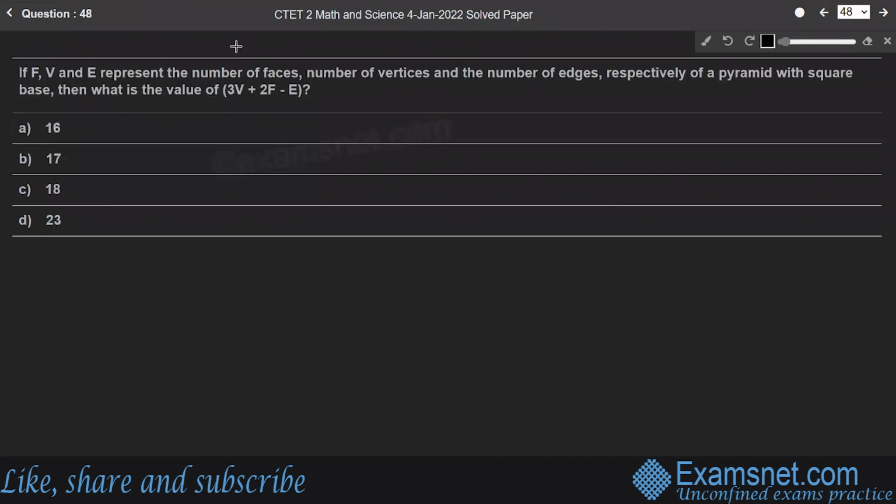Question number 48. If F, V and E represent the number of faces, number of vertices and the number of edges respectively of a pyramid with square base, then what is the value of 3V plus 2F minus E? Here, in a square-based pyramid, let us draw a square-based pyramid.